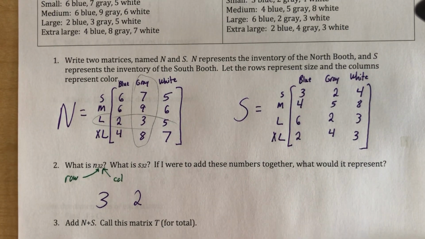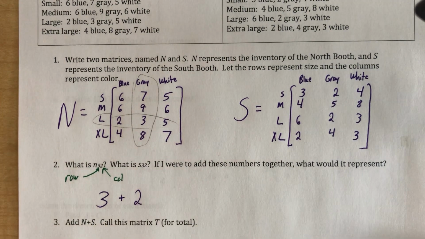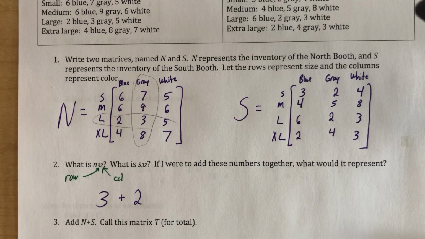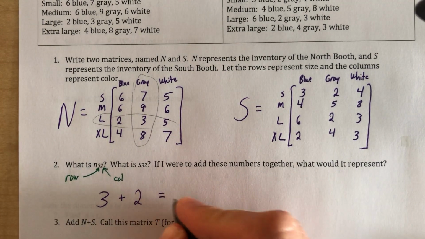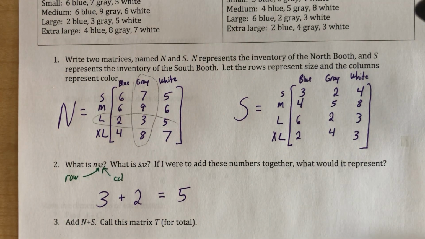If I were to add these numbers together, obviously I'd get 5 because all of us can add 3 plus 2. That's not the problem, but I really want to know what it represents. So it's not enough that I have the number 5. Okay, great. This is a way to organize data. So 5 what? Okay, so let's talk about this.